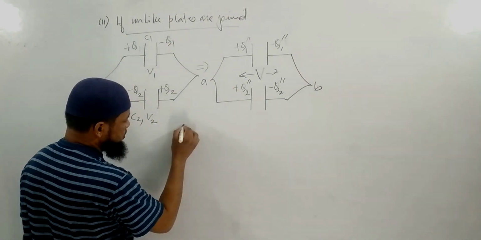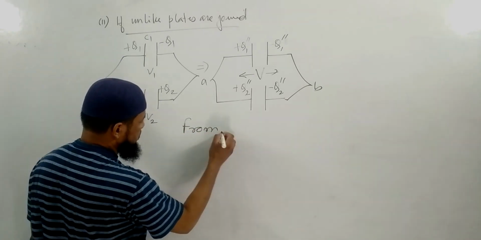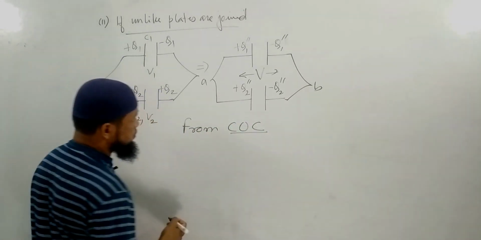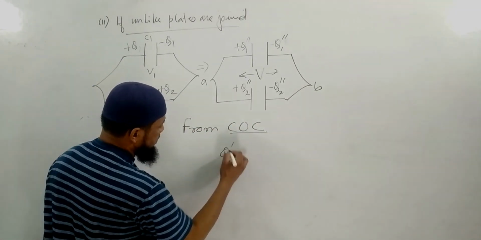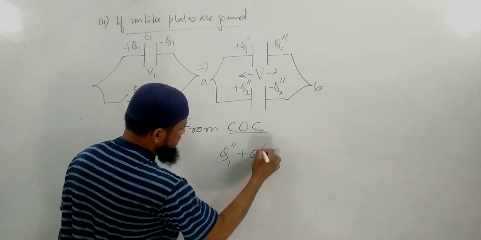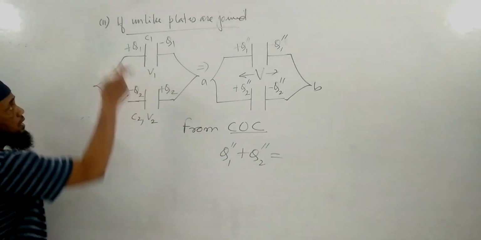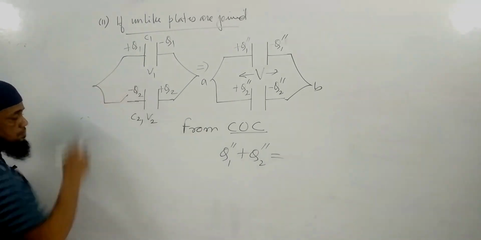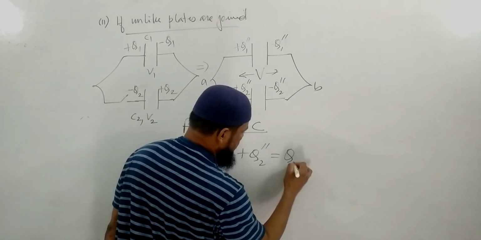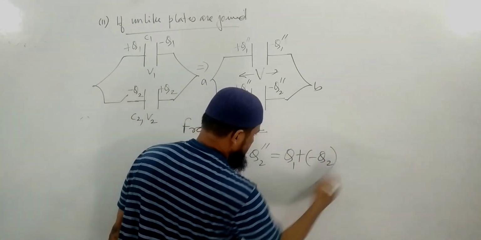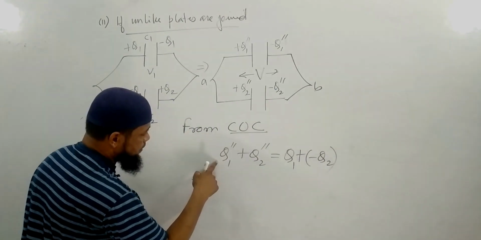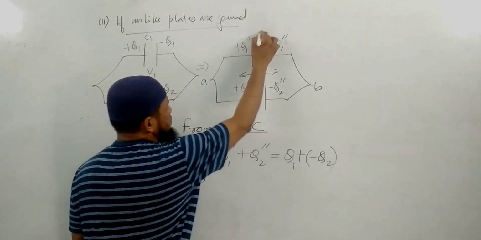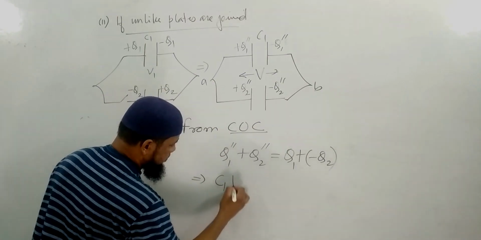So from conservation of charge, again Q1 double dash plus Q2 double dash is equal to how much? Q1 plus minus Q2. Q1 is added with minus Q2. Q1 double dash is C1V.